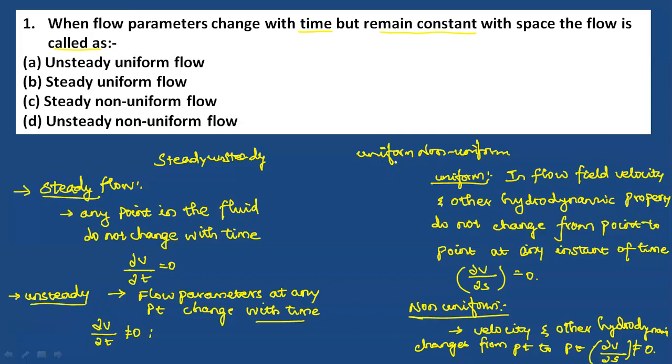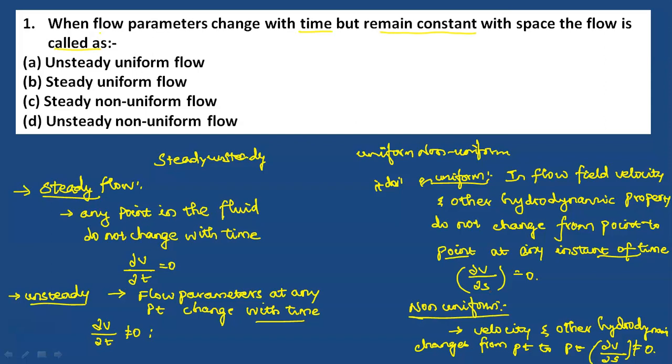Coming to uniform flow, the flow velocity and other hydrodynamic properties do not change from point to point at any instant of time. For non-uniform flow, the velocity and other hydrodynamic properties change from point to point at any instant of time.